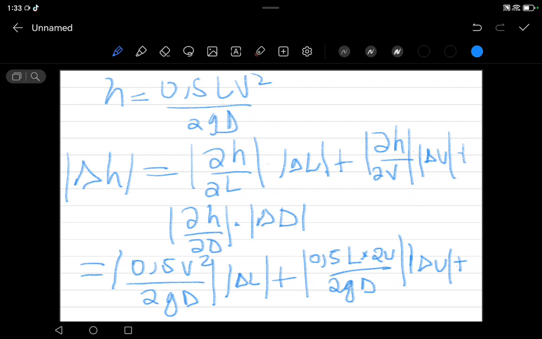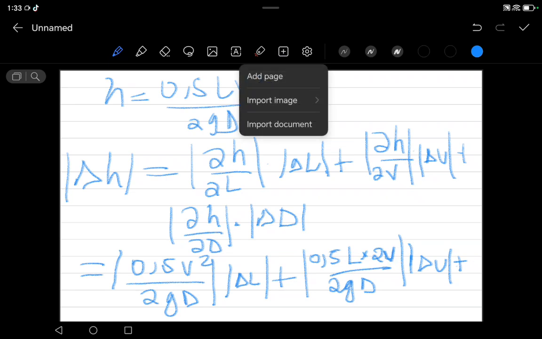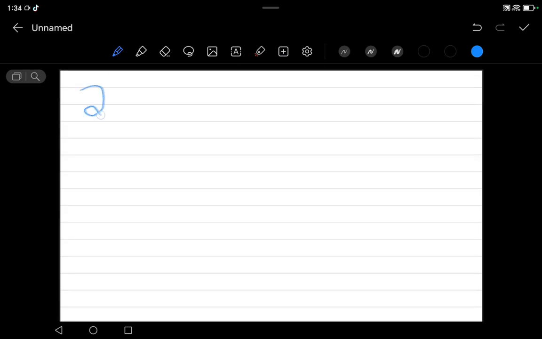We're not going to get 1 there. No, it's on the denominator. How are we going to get 1?